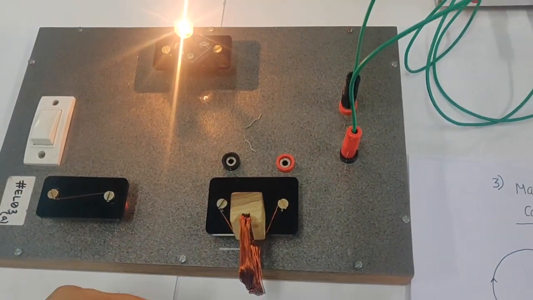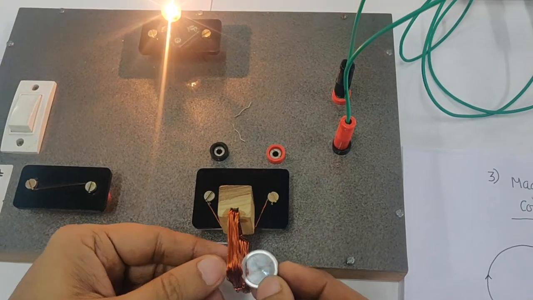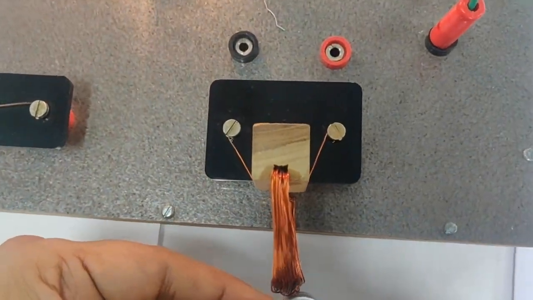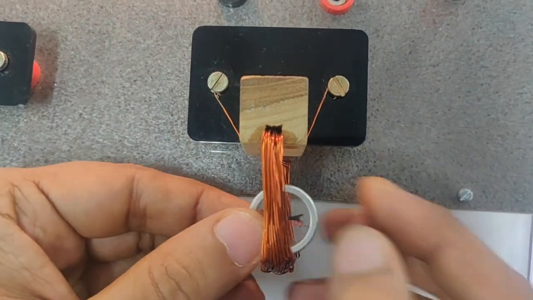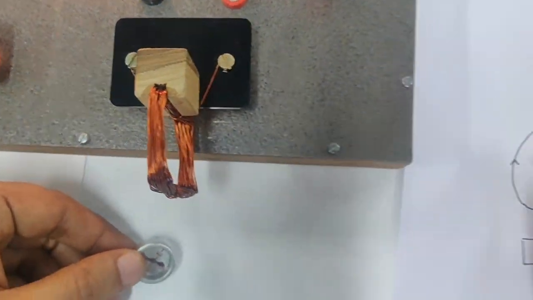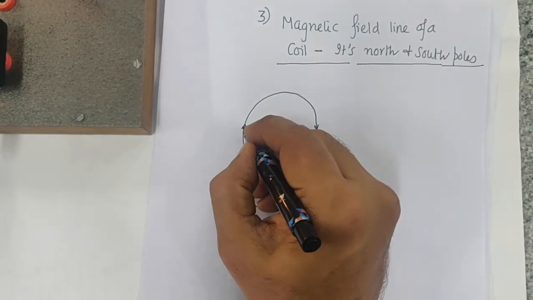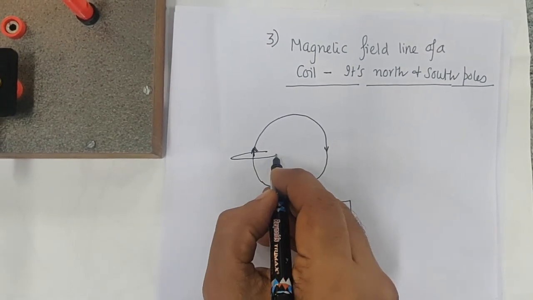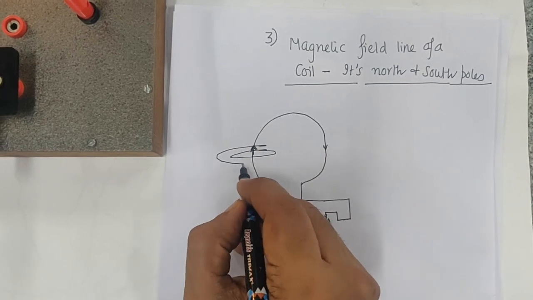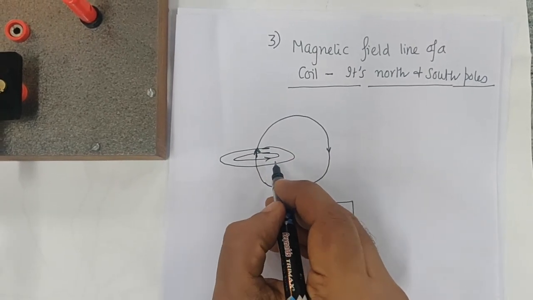You can see that around this coil, this compass is moving around the wire, so you can expect something very similar over the section of wire. The magnetic field lines are moving in circles.